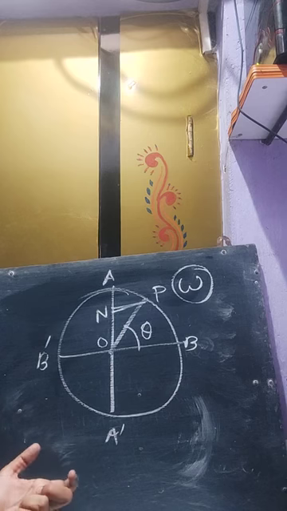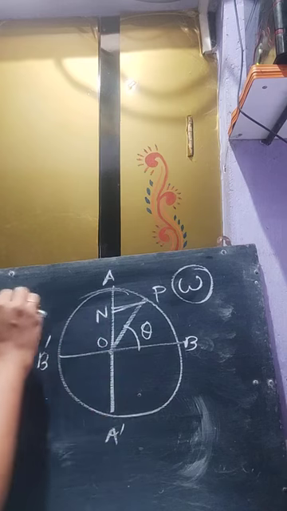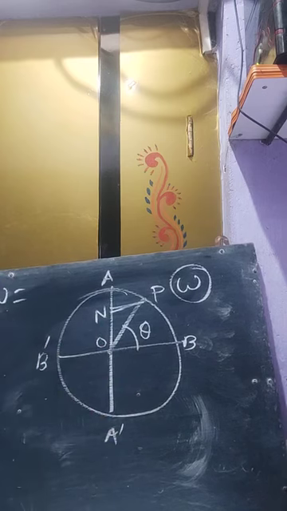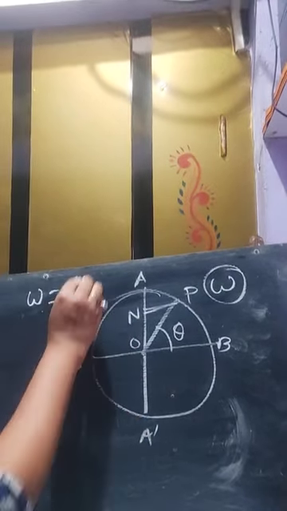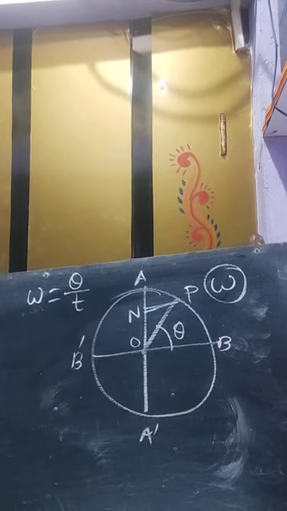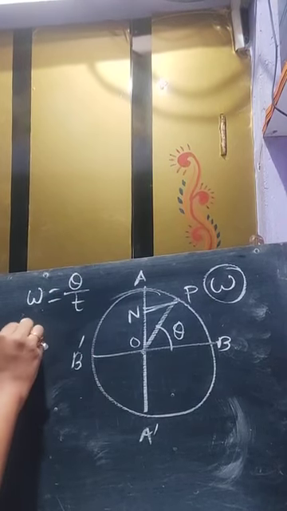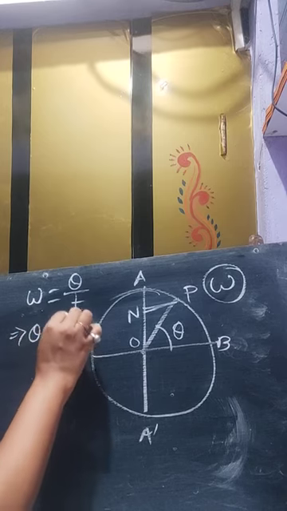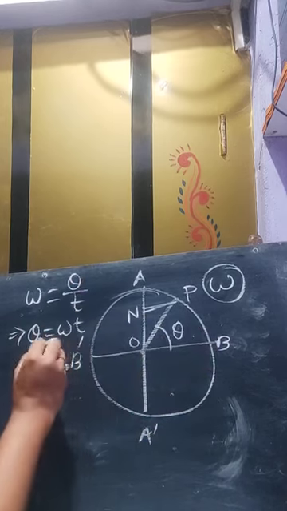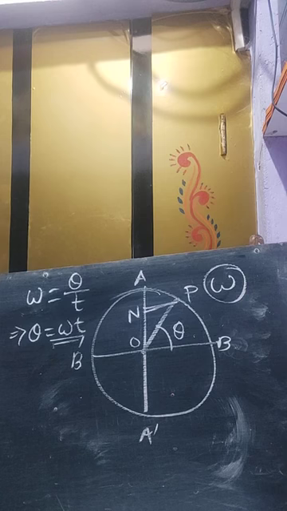What will be the omega? Omega can be written as theta by t, as omega is the angular displacement per unit time. Therefore, theta equals omega t. So this theta is nothing but omega t.